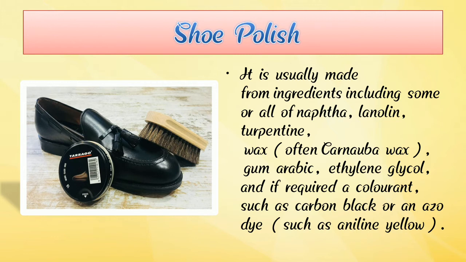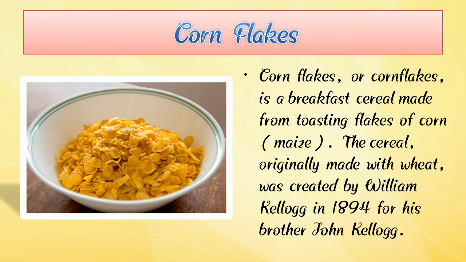Children, now we are going to learn the next slide, and it's cornflakes. Here we find a photograph of cornflakes. Cornflakes is a breakfast cereal made from toasting flaked corn maize, and the cereal, originally made with wheat, was created by William Kellogg in 1894 for his brother John Kellogg.